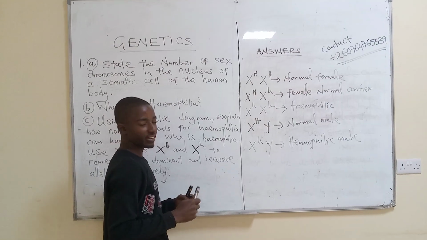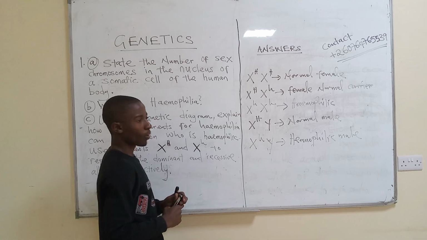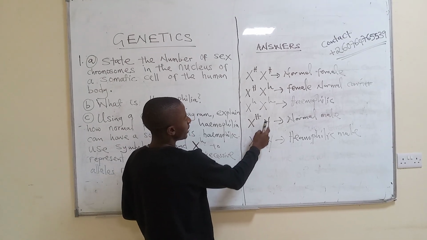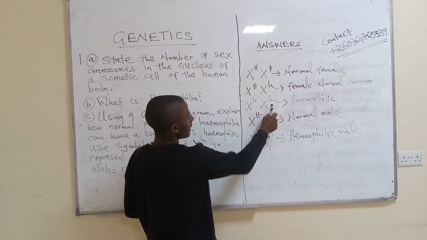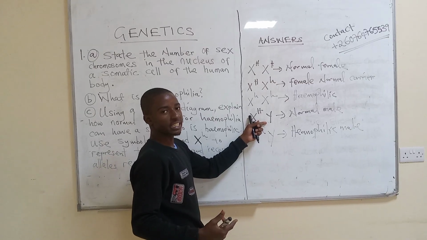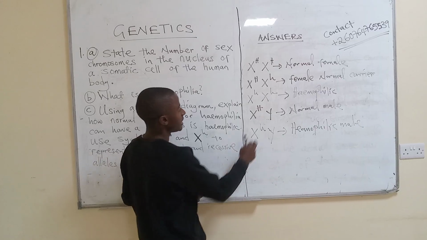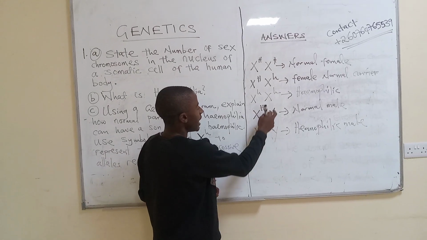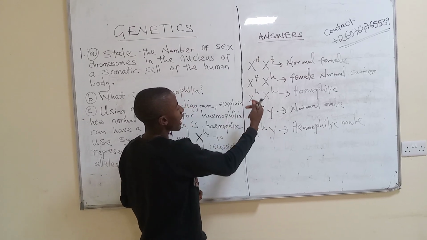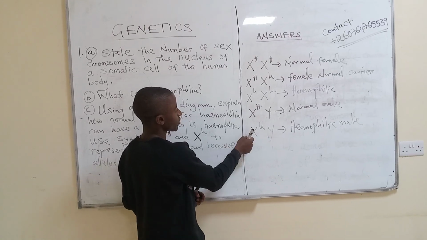So let's now dive into drawing the genetic diagram. But before I do that, bear in mind that on the Y chromosome there is no letter. Hemophilia is a sex-linked disease or trait, so there is no need of putting any trait on the Y, because these diseases are mostly carried by the X chromosomes.